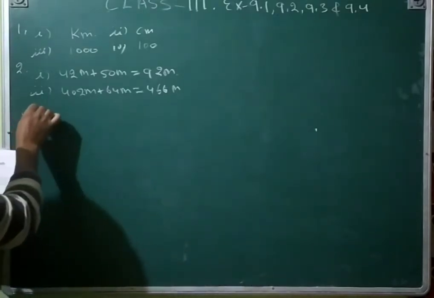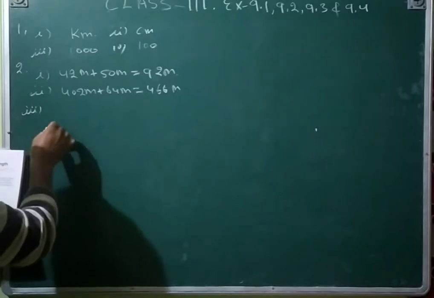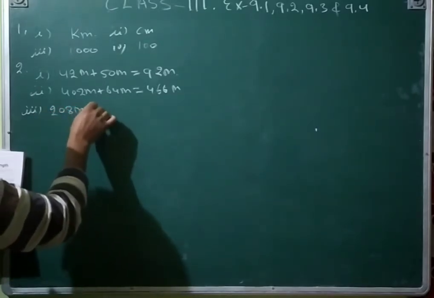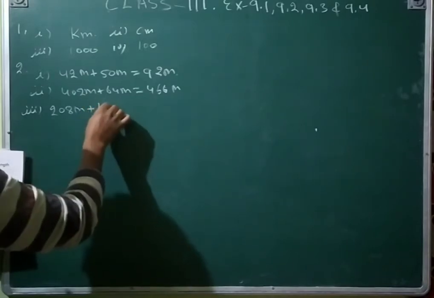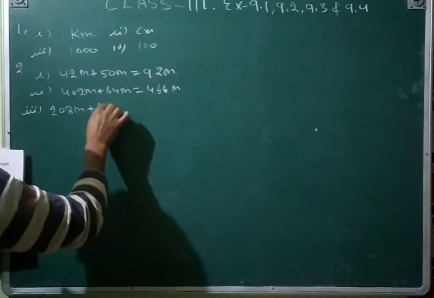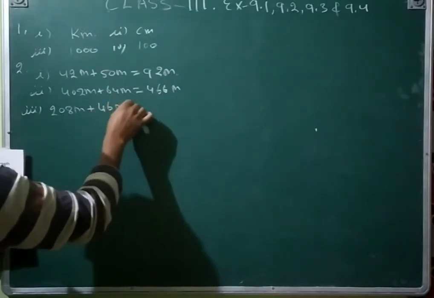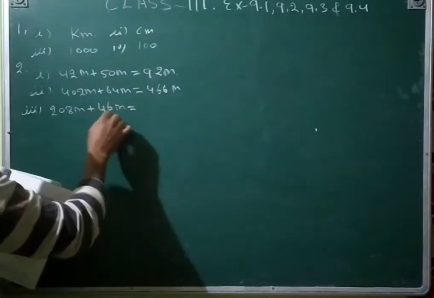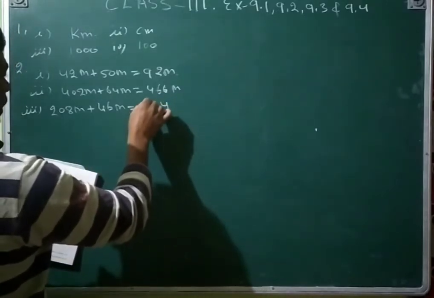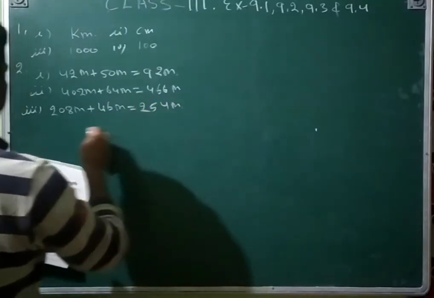And then third part is 208 meter plus 46 meter is equal to 8 plus 6 is 14, carry 1, 4 plus 1 is 5, and then 2 meter.